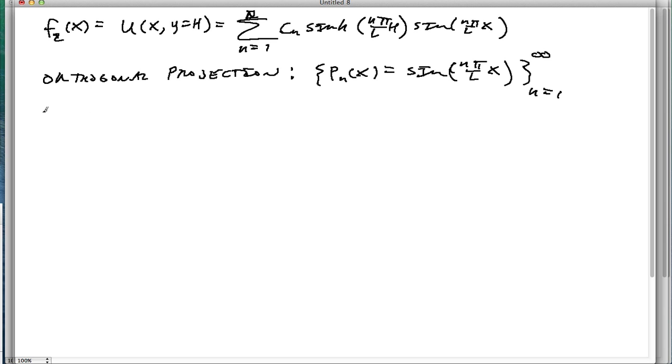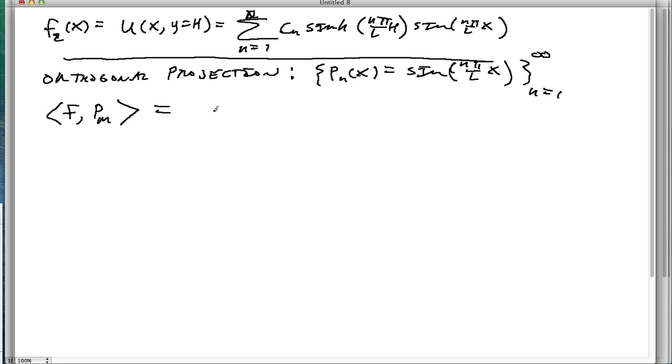And so what we're going to do then is, if this is our sum, then we go through and take an inner product of f with every p. And I'm going to now pick out a particular m value, right? Like that. And that will be Pm. And we have to write down this whole sum here.